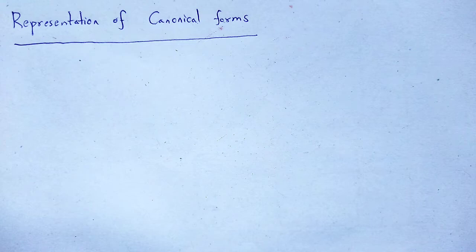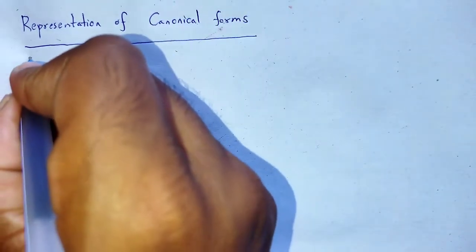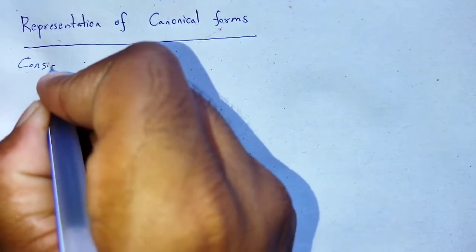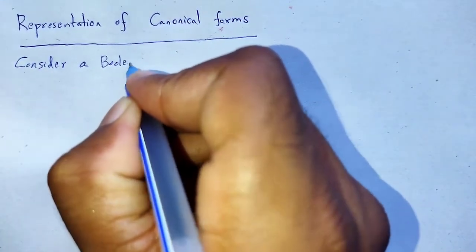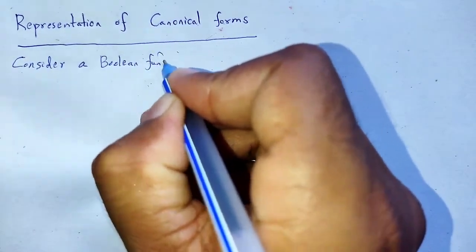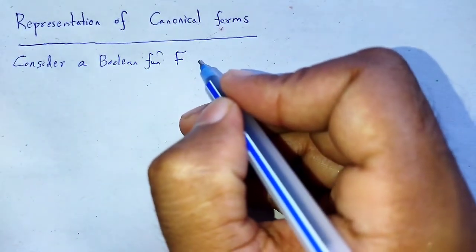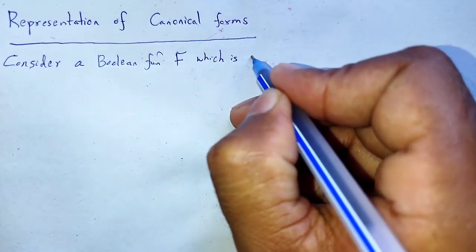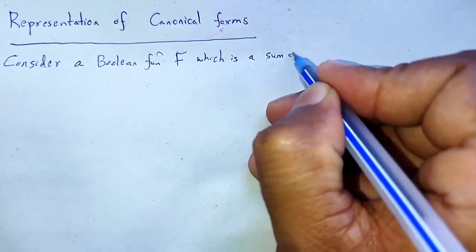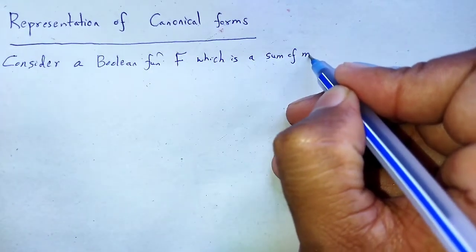First, let us consider a Boolean function f which is a sum of min terms.